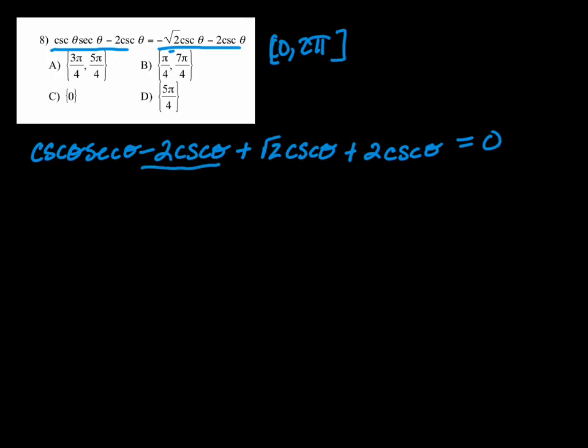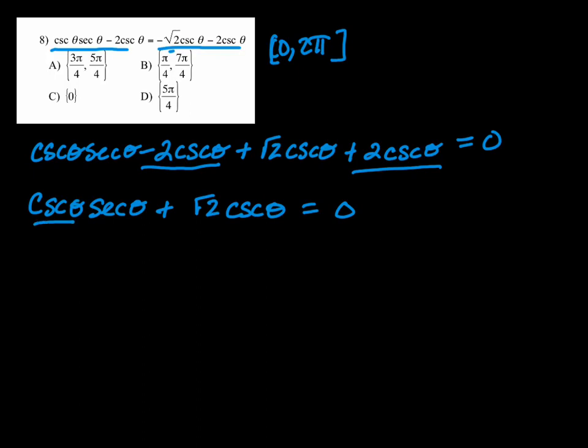Doesn't this and this cancel each other out? So I'm left with cosecant theta, secant theta, plus the square root of 2 cosecant theta equals 0. So just simplifying. Now I am going to factor out a cosecant theta. So I get cosecant theta times secant theta plus the square root of 2 equals 0.